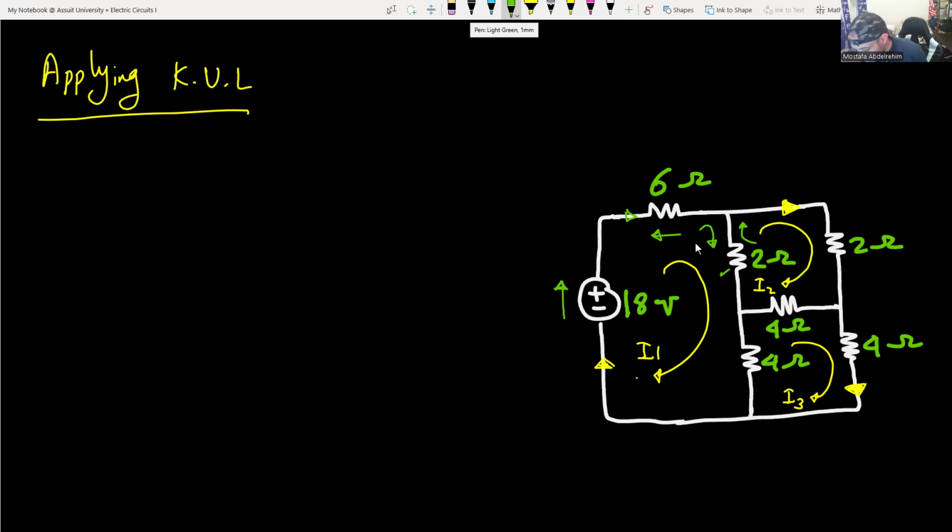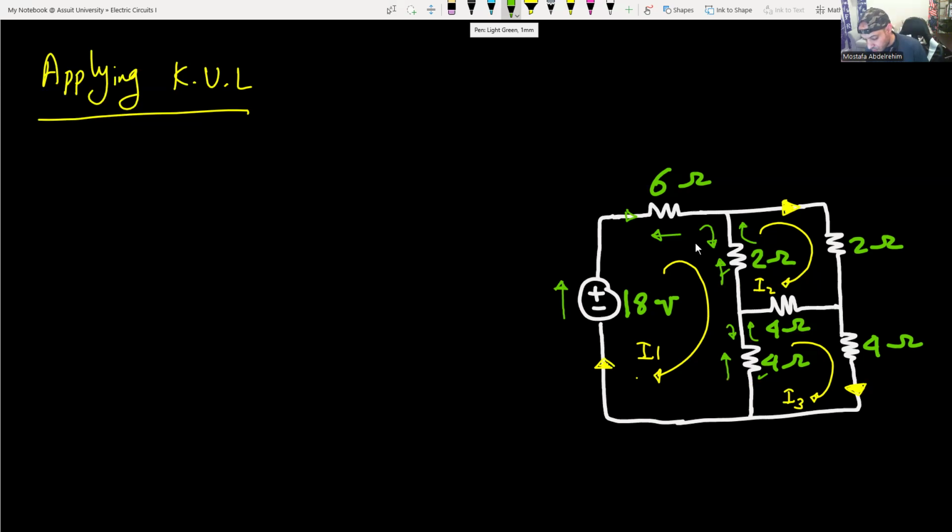Since I1 is going down, the voltage will be up. For this resistance here, I1 is flowing in that direction and I3 in the opposite one, so it will be I1 minus I3, and the voltage should be opposite to the I1 direction.